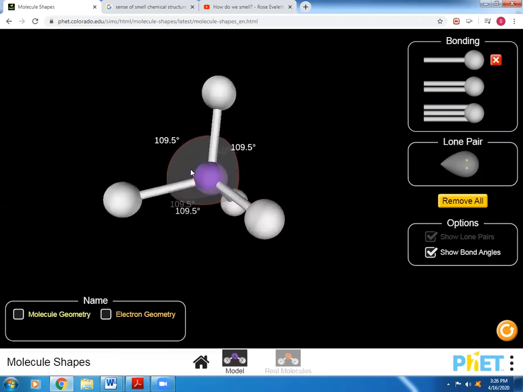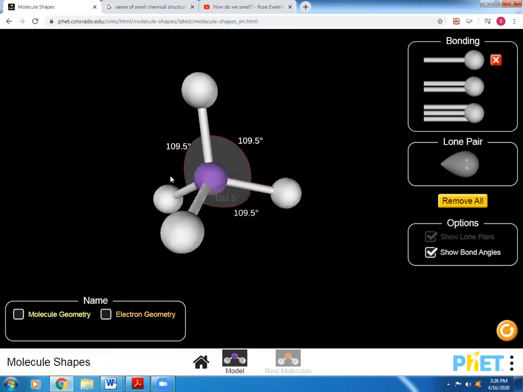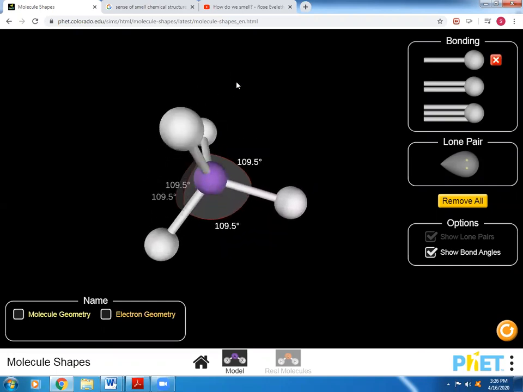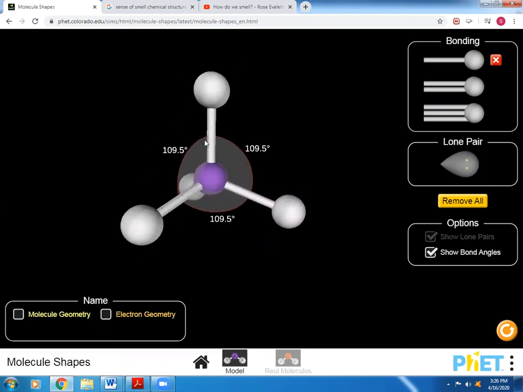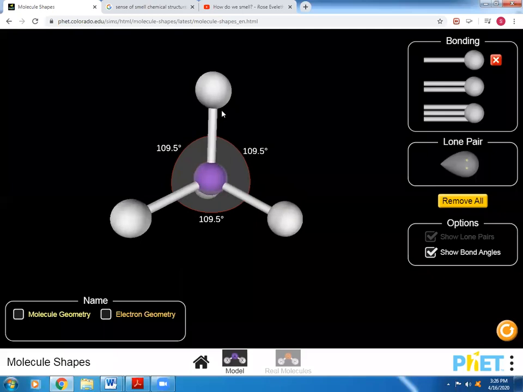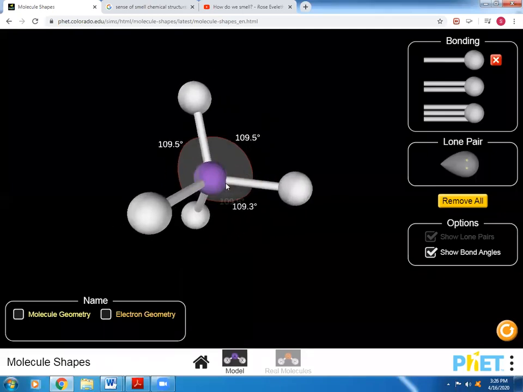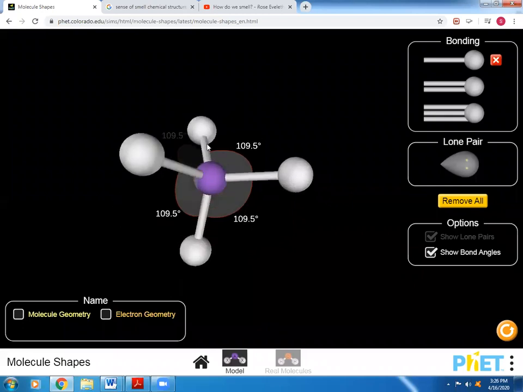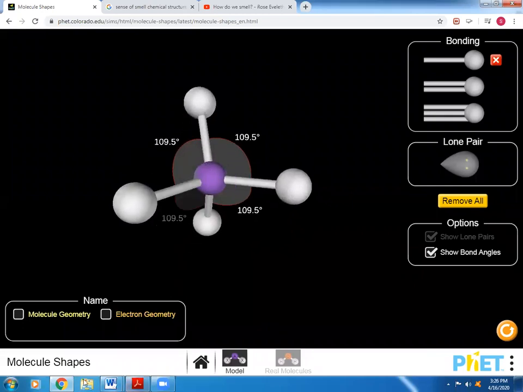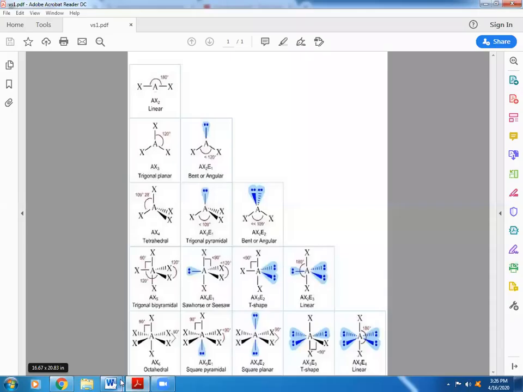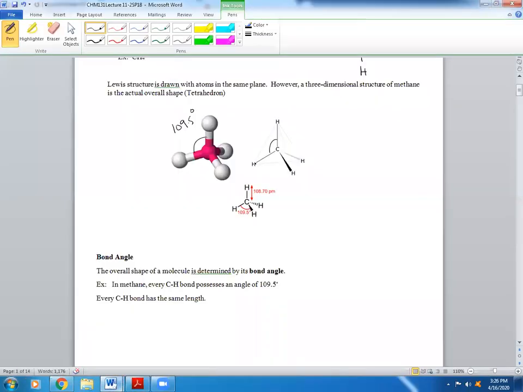Tetrahedral means it has four faces. And if you look at it, it does have four faces. Not sure how you see it from here, but here's one face. Here's another face. There's a face on the bottom and the face in the back. So if we refer back to this, you'll see that it has four faces. So that's actually the three-dimensional structure.